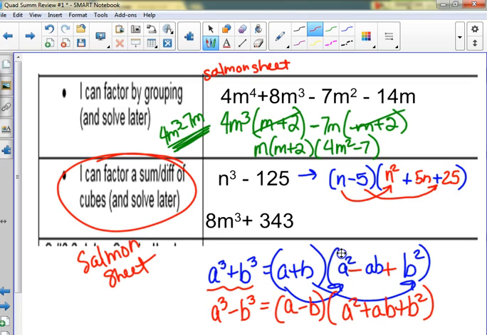Can you guys try this next one? Give you 30 seconds to try this one. I think this is 7 cubed. Somebody helping me? What? Is it 7 to the third? Okay.